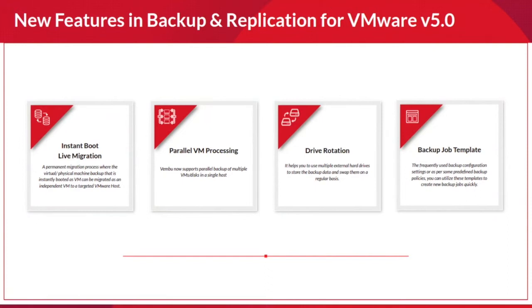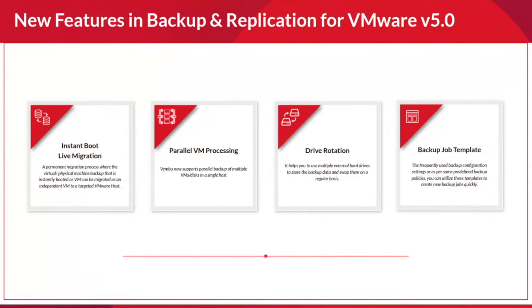Once the instant boot is performed, we record all the changes made in this instant boot session, which we call persistent changes. In this version, we are bringing in instant boot plus live migration. You perform the instant boot, and your backup data is booted on your VMware virtual machine. But this is a temporary VM, and the backup data is still on the backup storage repository.